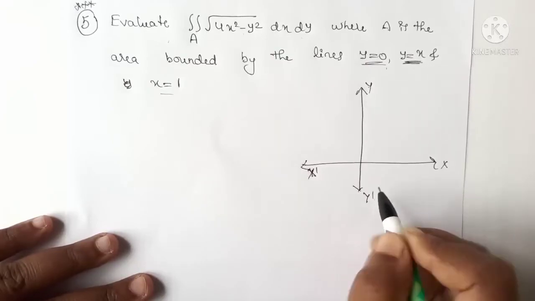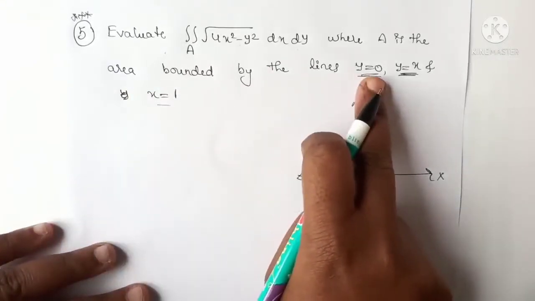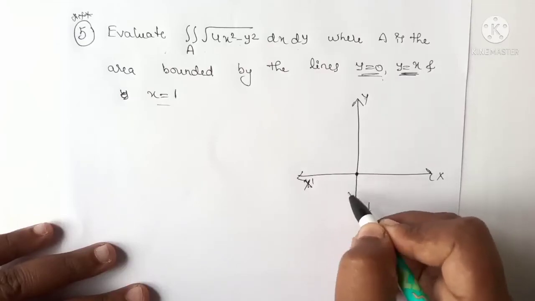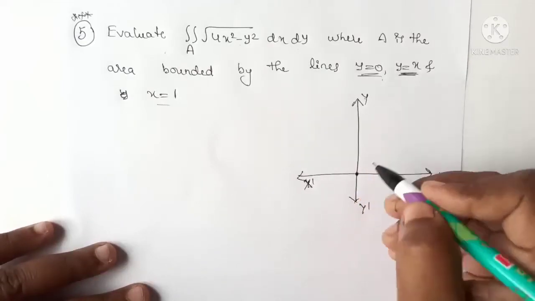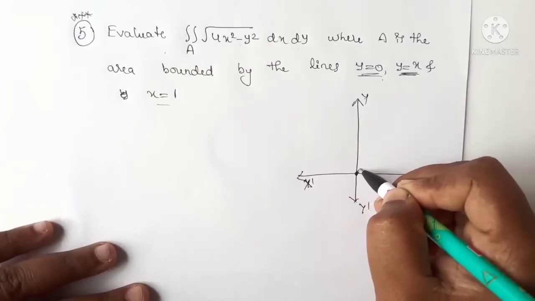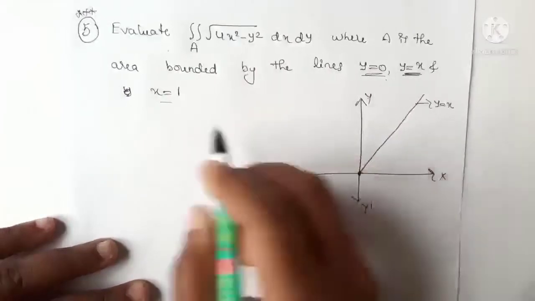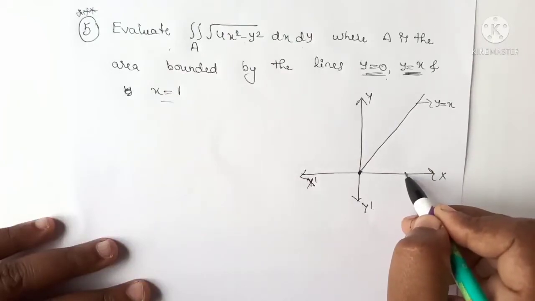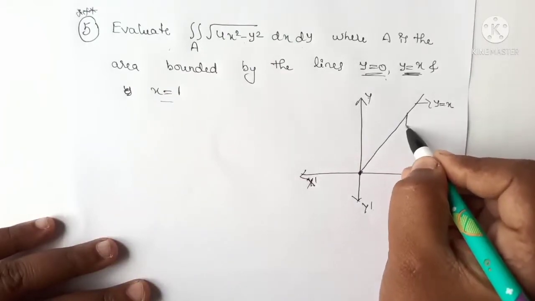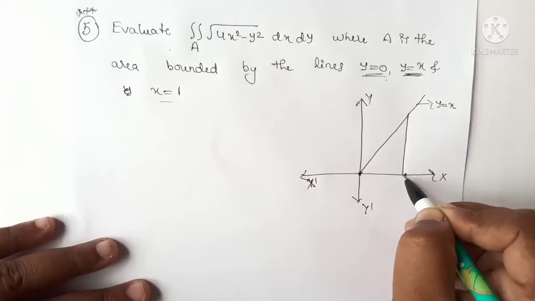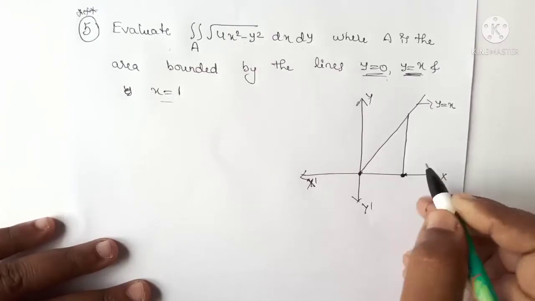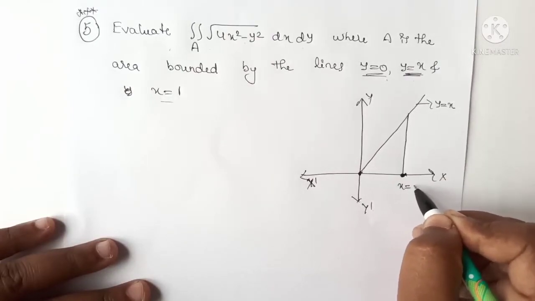Here y equals 0 is here. Then y equals x represents a line, and x equals 1 is somewhere here. So this represents x equals 1.